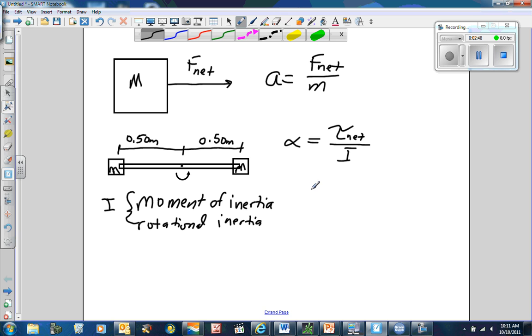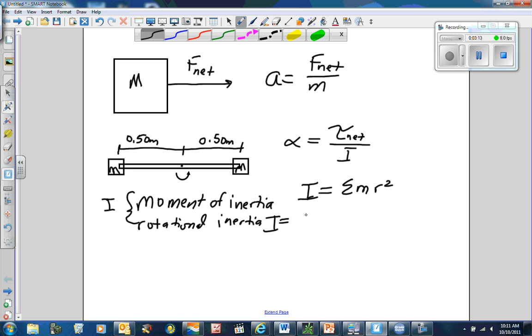So how do I find I? Well, for this kind of setup, I is equal to the distribution of the masses, which means I'm going to sum up all the m r squared. How many m's do I have? I have two. They're both 0.5, so I will equal... sorry, erase that.